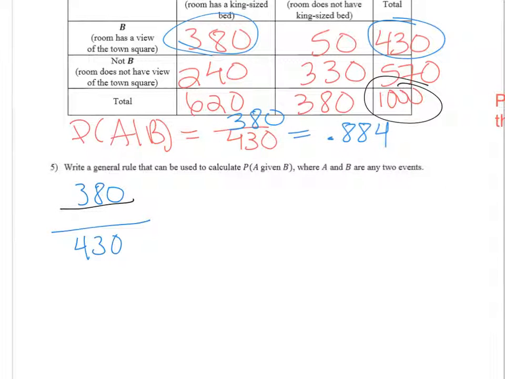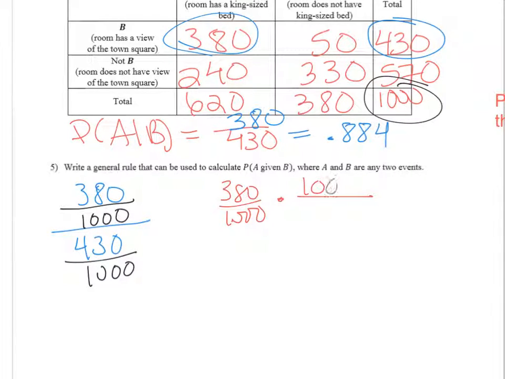So like if we did 380 over 1,000 and 430 over 1,000, that would simplify because we multiply by the reciprocal of the denominator, and the 1,000s would cancel. And we get what we wanted.